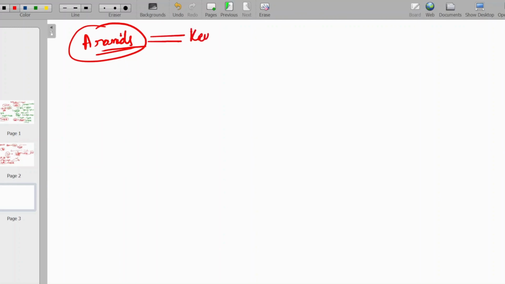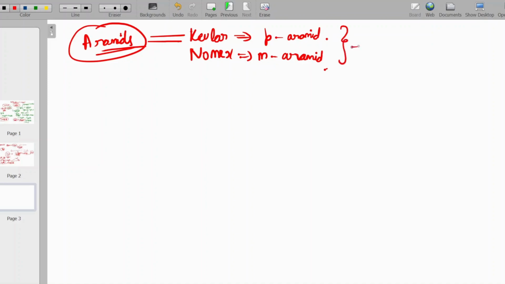Kevlar we read, and Nomex. Nomex is known as meta-aramid. Kevlar is known as para-aramid. These are two types of aramid. These are high performance, and these are used in technical textiles.